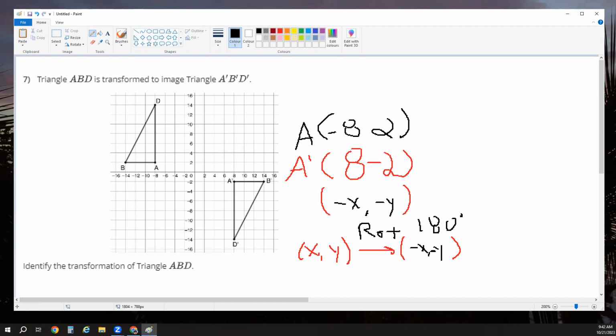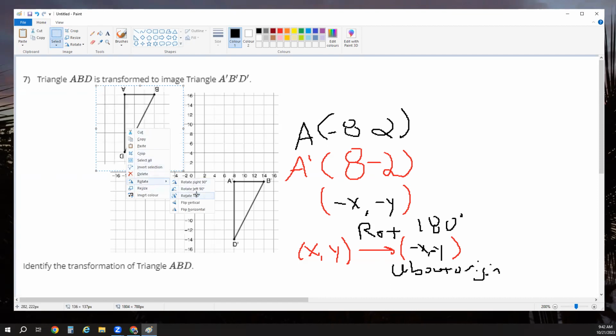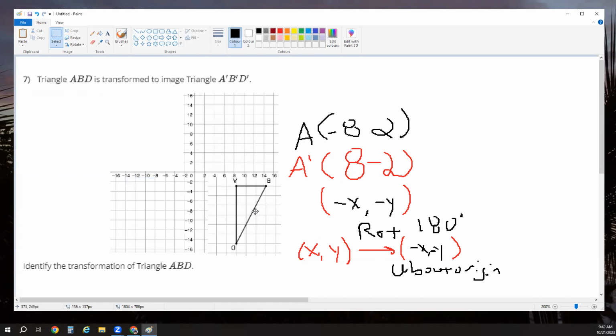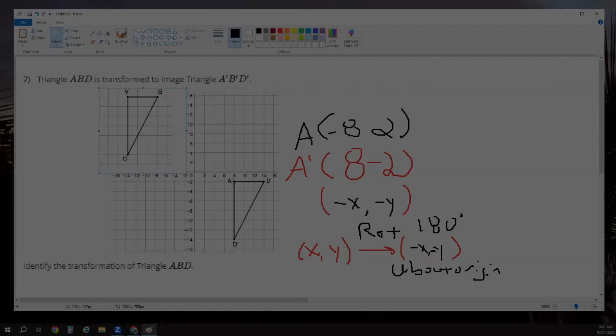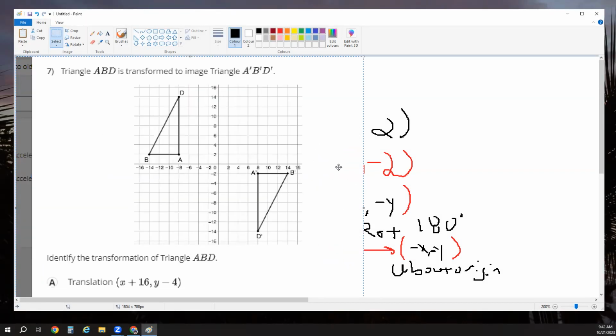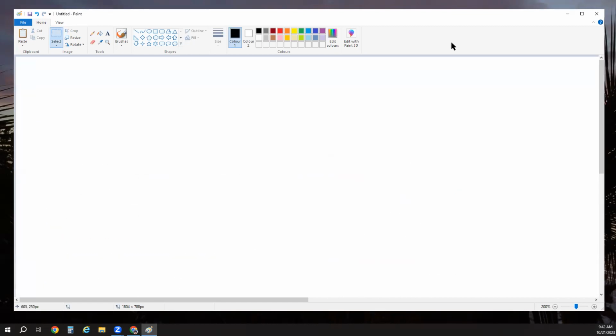If you rotate it 180 degrees, whoa, there it is, right? So you can see, yep, that was the answer. Rotation 180 degrees. All right, moving on to 8.